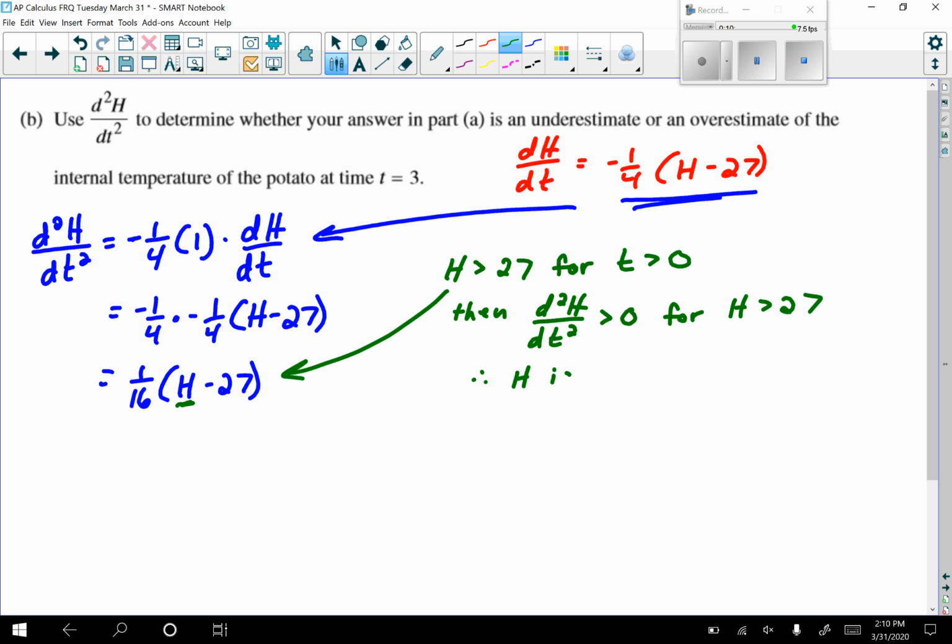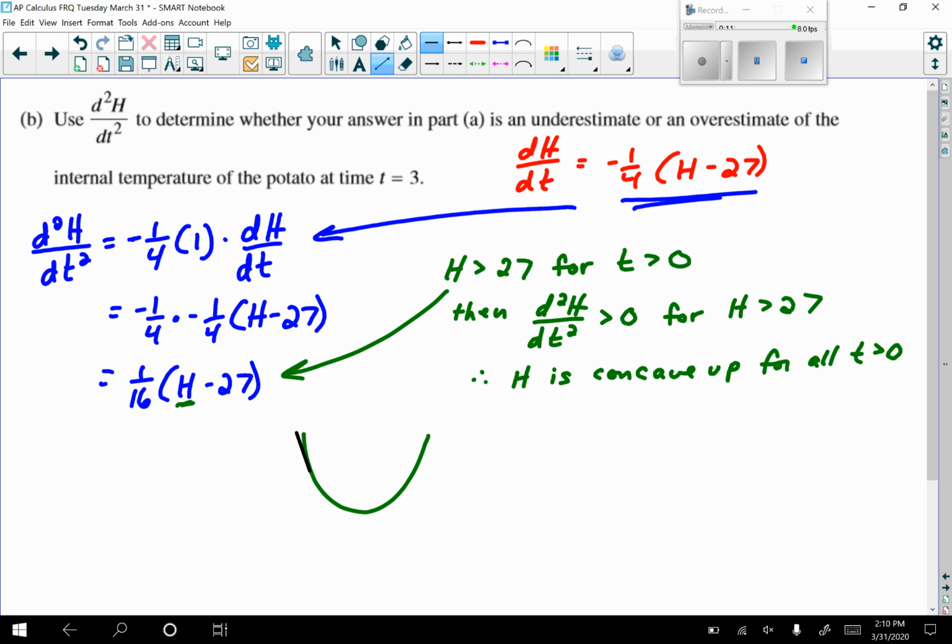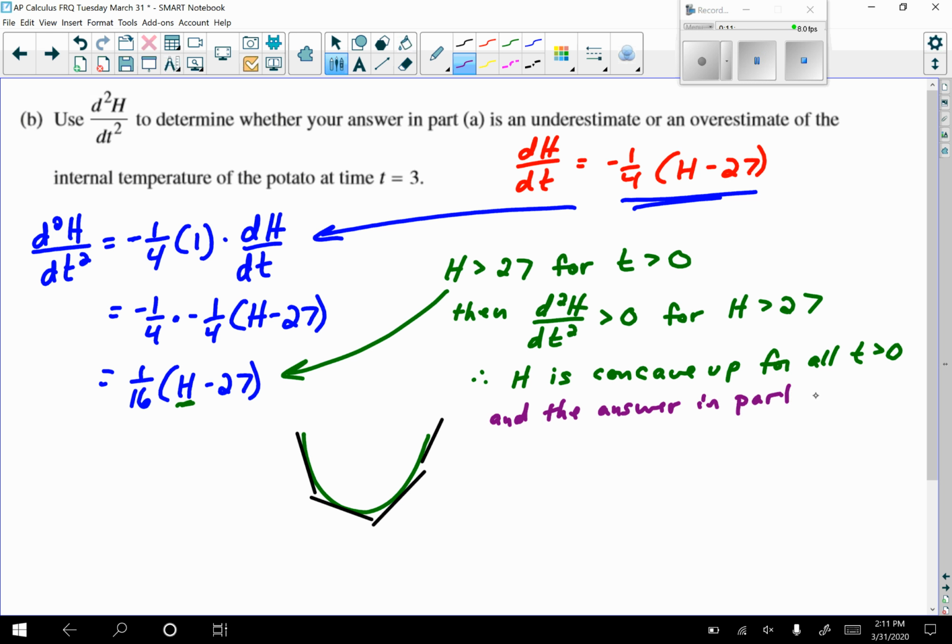Therefore, h is concave up for all t values greater than 0. And if we're looking at a curve that's concave up, any tangent line we draw in is going to sit below our curve. Therefore, that approximation that we found in part A is an underestimate. So we'll say, and the answer in part A is an underestimate.